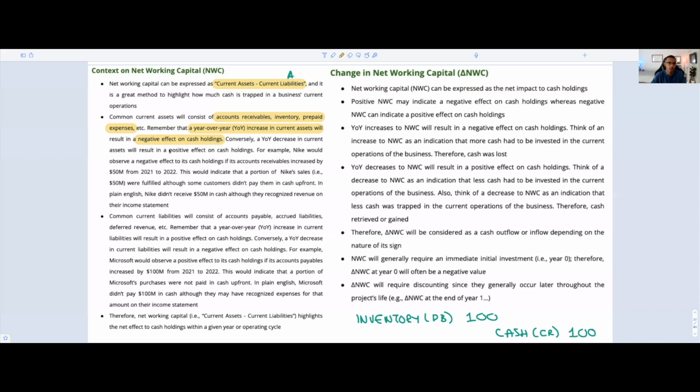And that's awesome. So you may notice something, especially if you're sharp and you remember our statement of cash flows in your intro to financial accounting class, is that an increase in current assets is actually a negative effect to your cash. And that's what we highlighted in our operating activities section in our statement of cash flows. Whereas a decrease in current assets is a positive effect in cash.